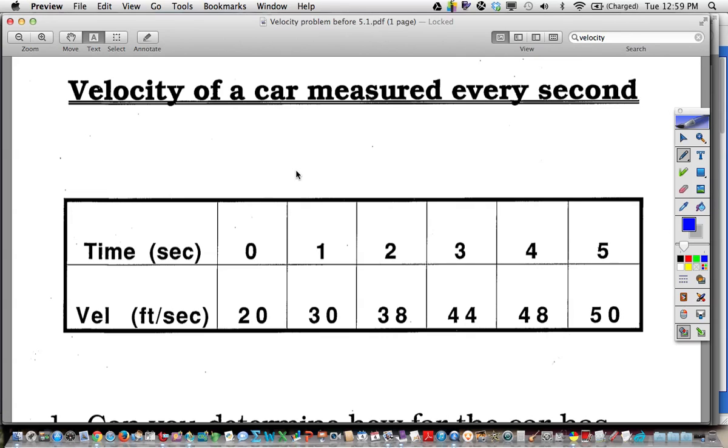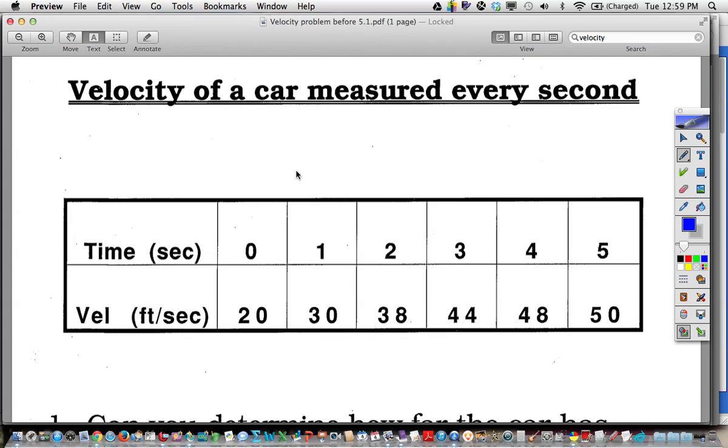Kinematics, study of motion. So here we have an original velocity of 20, final velocity of 50. Average those is 35. So that's an average of 35 feet per second over a 5-second interval. 35 times 5 is 175.